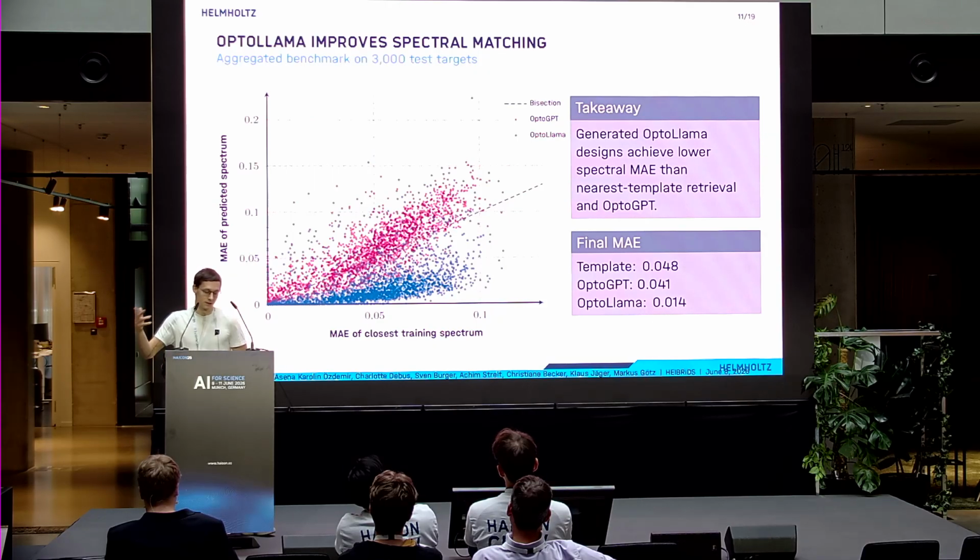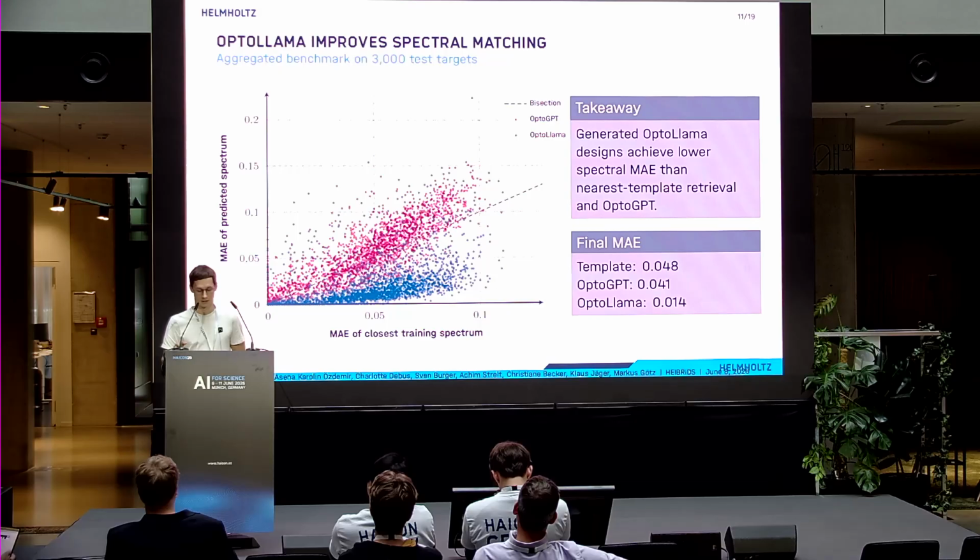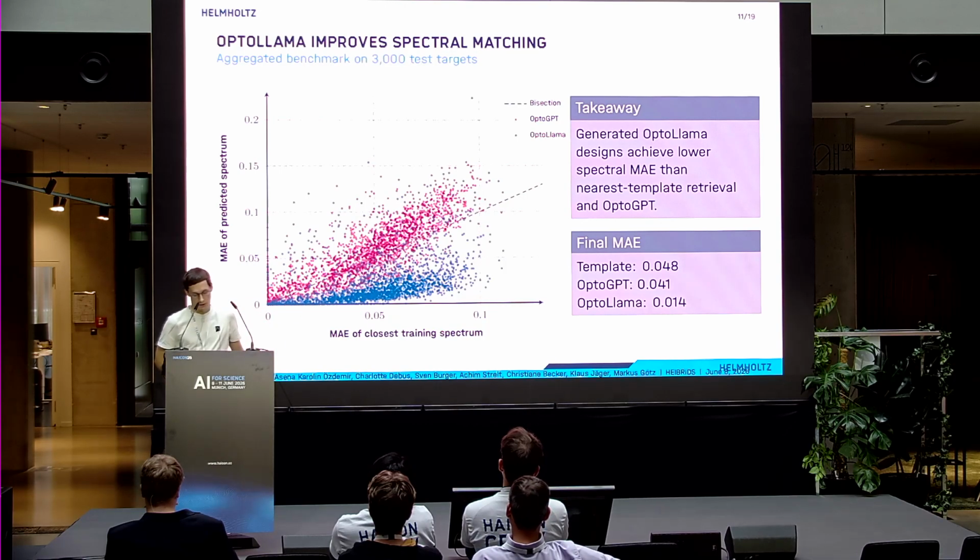And if it's above it, it's worse. As you can see, most of the points for OptoLlama lie below this line. You can also see this in the aggregated mean absolute error on the spectra, with these values here in this box below.